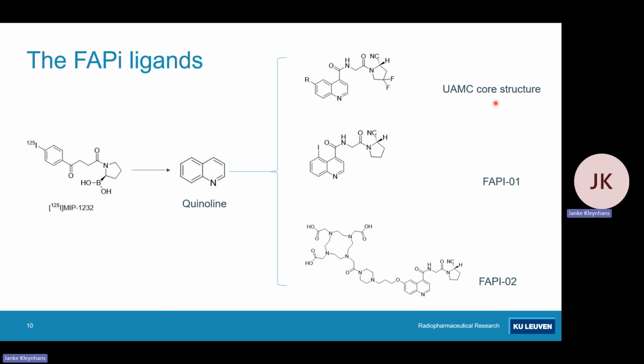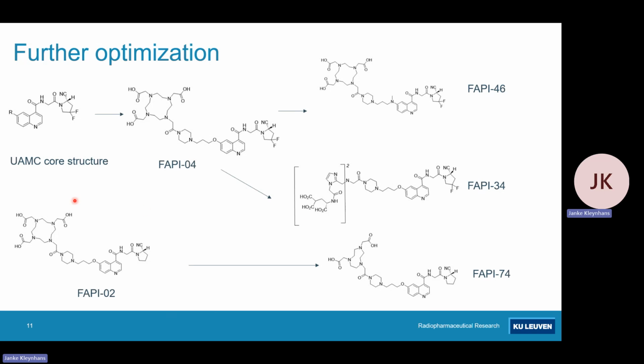development of certain radiopharmaceuticals. Another group developed FAPi 04 and 02 without the double fluorine here. And the one is for iodine labeling, FAPi 01, and FAPi 02, of course, has the DOTA chelator for radiometal binding. So the guys from UAMC developed further into FAPi 46 and FAPi 34.